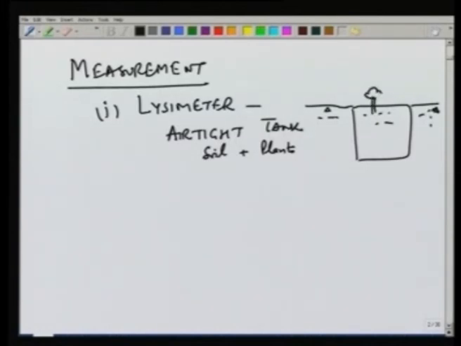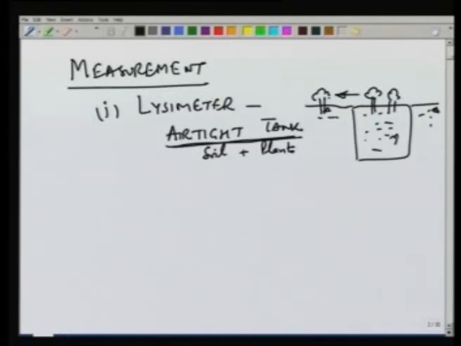The plants in the lysimeter should be similar to the plants outside the area, so that the transpiration is almost the same. So, the lysimeter or the airtight tank should represent the nearby conditions, the soil, the plants, and so on.